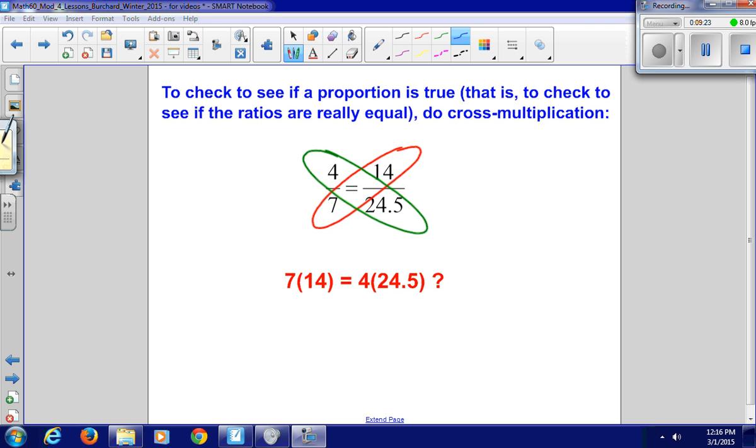Sure enough, 7 times 14 is 98, and 4 times 24.5 is also 98. So that means this is a true proportion. That's the way you check a proportion.